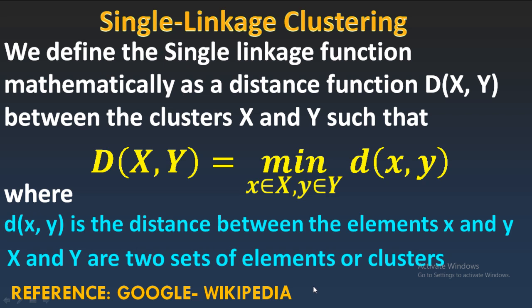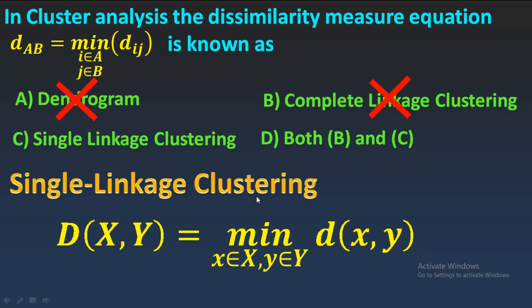Please remember, single linkage clustering means d of X comma Y is equal to minimum of d of x comma y, where x belongs to capital X, y belongs to capital Y, which represents in cluster analysis the dissimilarity measure equation, which is known as single linkage clustering.